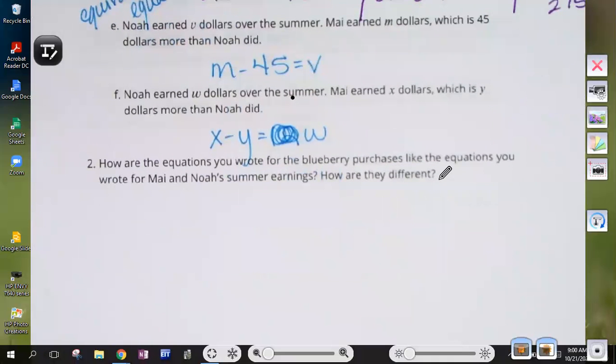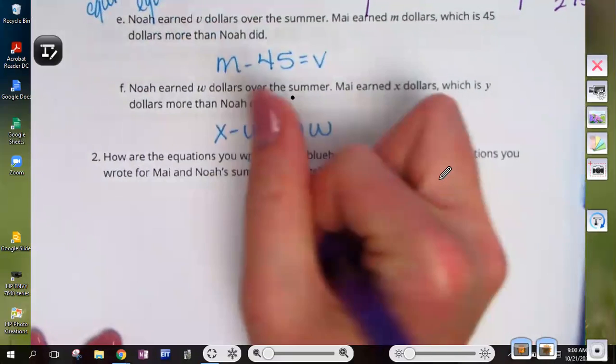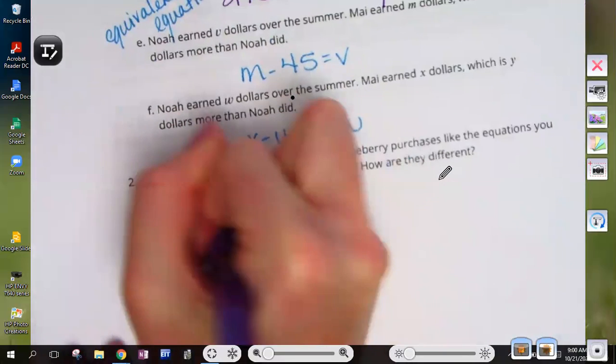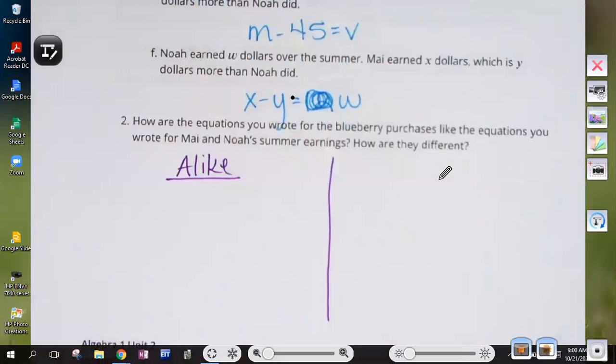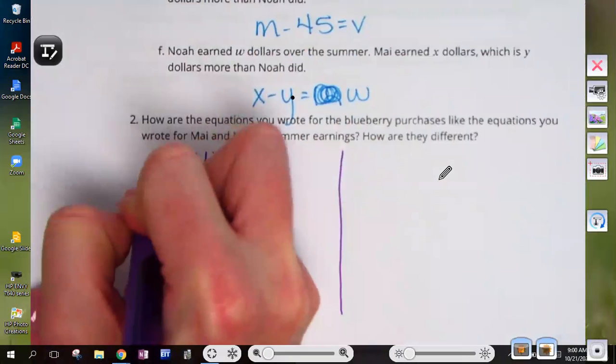Okay, number 2. How are the equations you wrote for blueberry purchases like the equations you wrote for May and Noah's summer earnings? How are they different? Okay, so let's talk about how they are alike. How are they all alike, Jordan? They started off as numbers and then they moved to variables. Good.